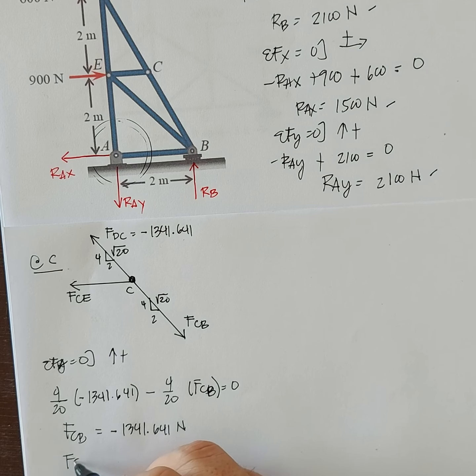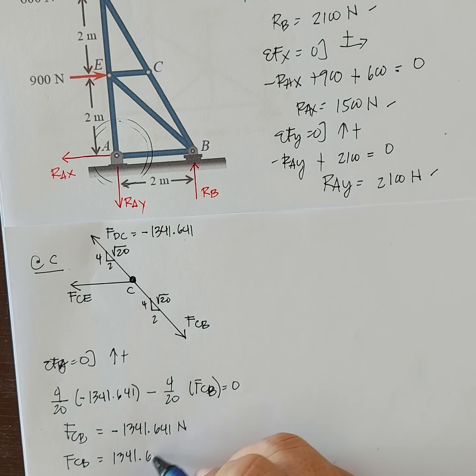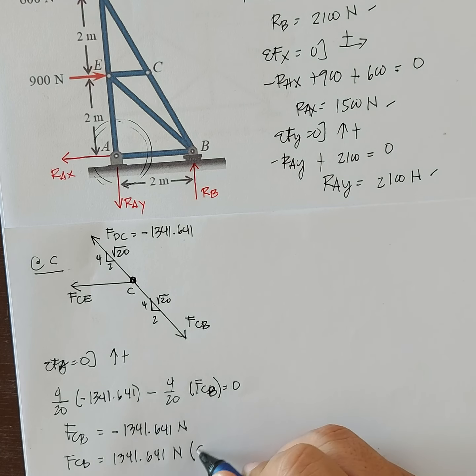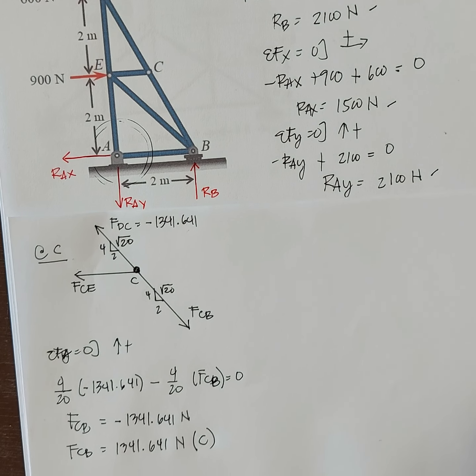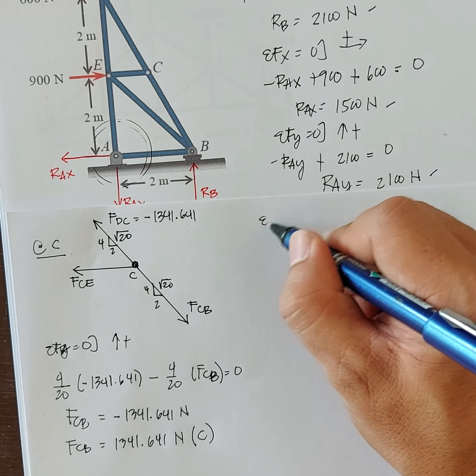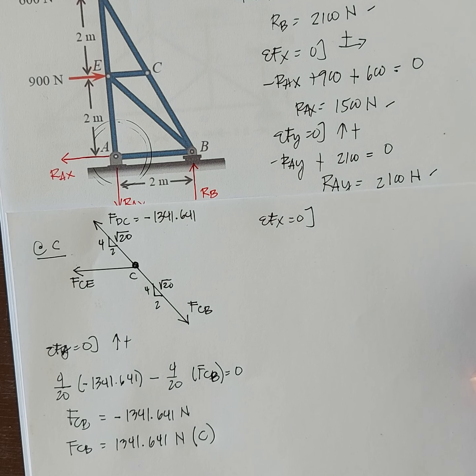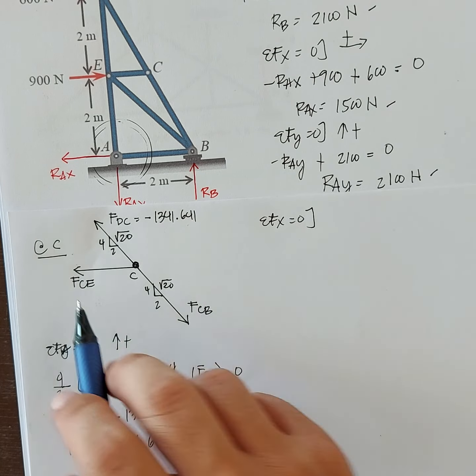Negative siya, ibig sabihin FCB is 1341.641 newtons na compression. Okay? Compression yan. Next, summation of forces along the x-axis is equal to 0. Ayan. So, ano yung mga horizontal forces natin?